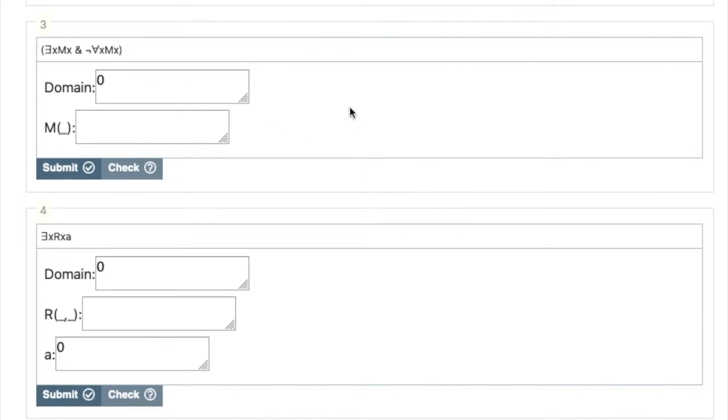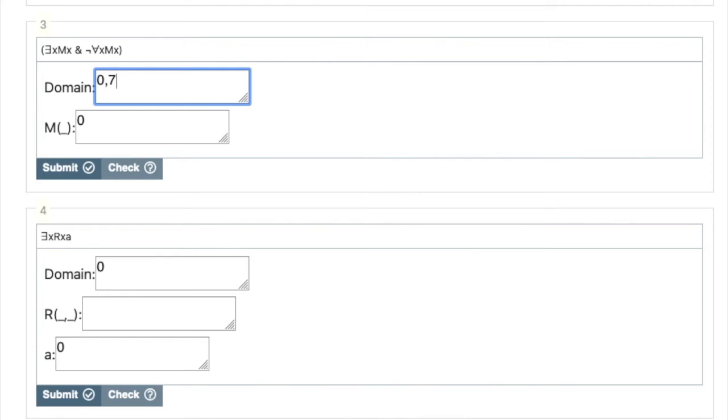Looking at problem 3, we've got a more complicated sentence. Exists x Mx, and it is not the case that for all x Mx. So we have to have something in the domain, in the universe of discourse, that's in the extension of M. But now we can't make it the case that everything in the universe of discourse is in the extension of M. So we need to put something else in the universe of discourse.